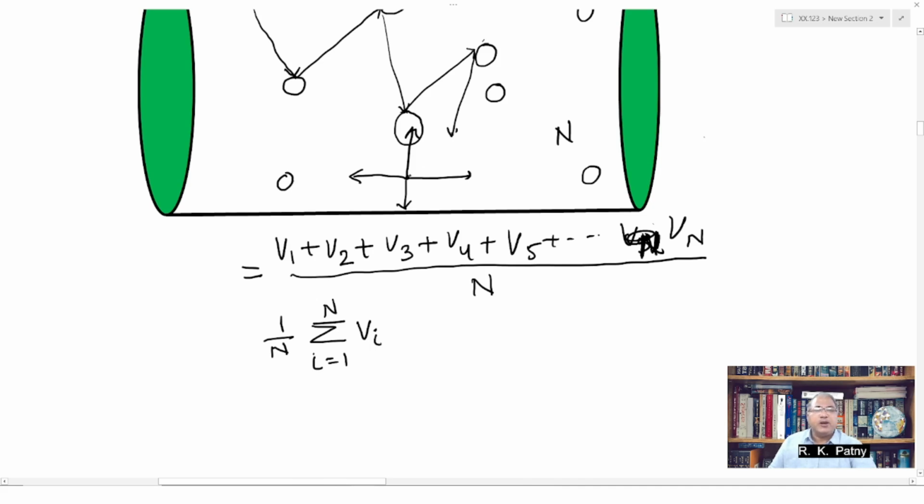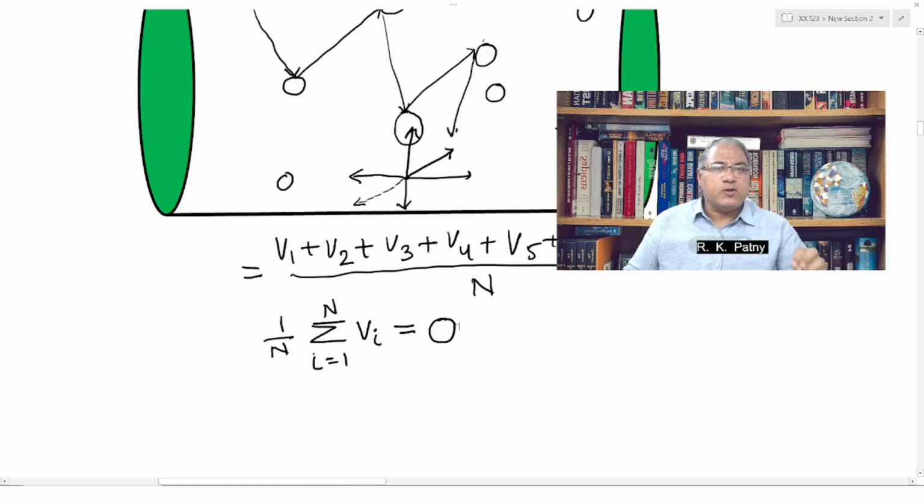Similarly, some electrons are moving in the positive z direction and some of the other electrons are moving in the negative z direction. Thus, if you consider all the electrons and want to find their average velocity, then the average velocity of all the electrons due to the thermal motion is taken as 0.